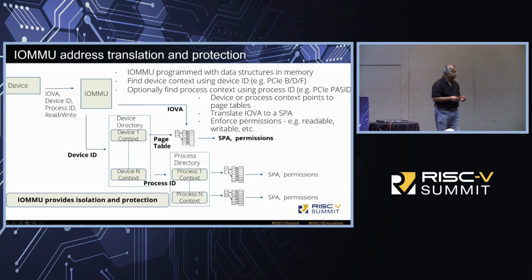Once you have found the device context, you use the process ID, look into the process directory, and find a process context, which gives you the first stage or the VS-stage page table. And now you can use the IOVA that was signaled by the device, do a two-stage address translation, find the physical address and enforce the permissions.